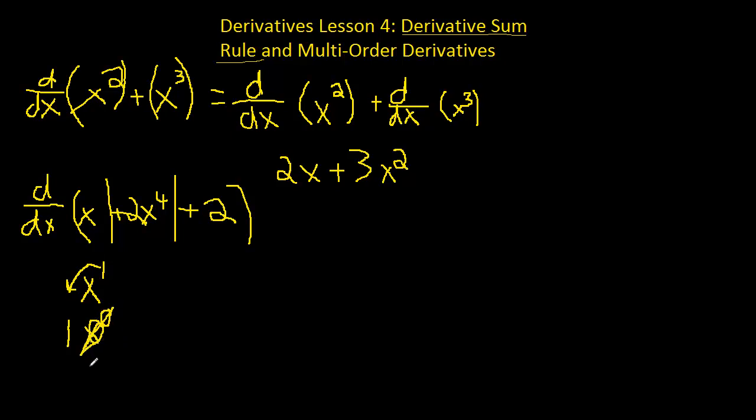So our derivative there is just 1, plus 4 times 2 is 8, and then x to the fourth goes to x cubed, and finally, with any constant, this goes to 0. If you remember, the slope is always going to be 0, so the derivative is just 0. And so what we have is 8x cubed plus 1.